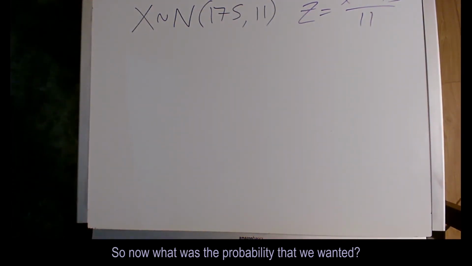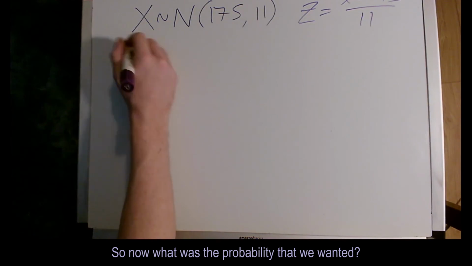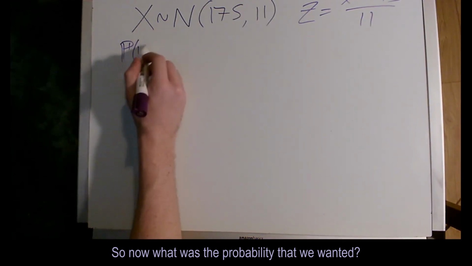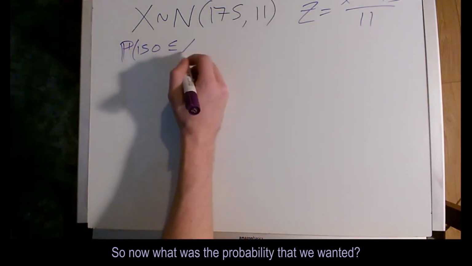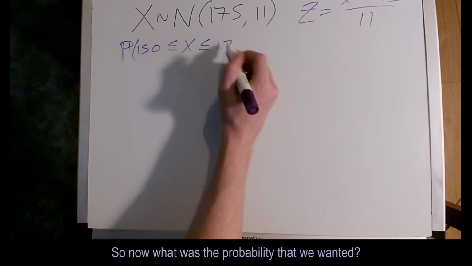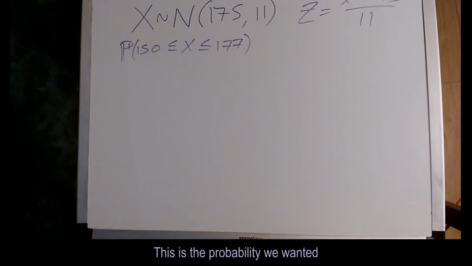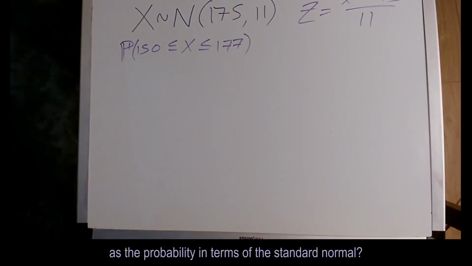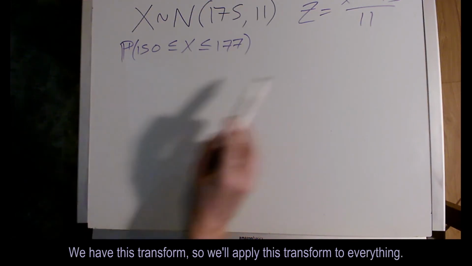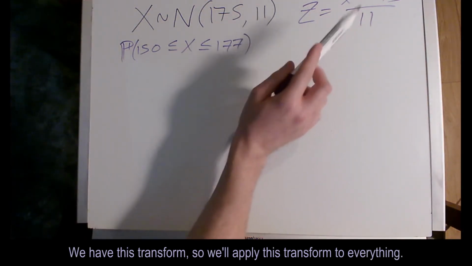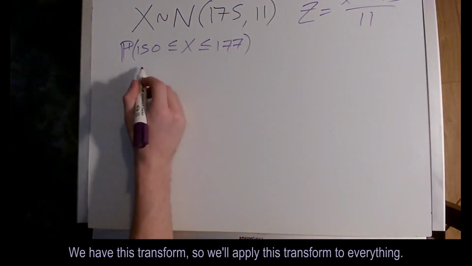So now what was the probability that we wanted? This is the probability we wanted. How would we write that now as the probability in terms of the standard normal? Well, we have this transform, so we'll apply this transform to everything.